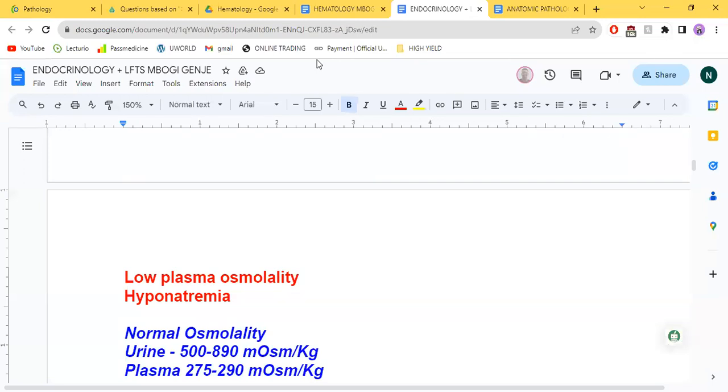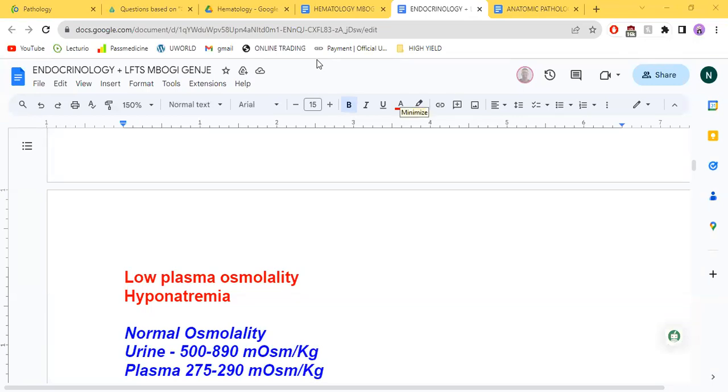For causes, who can give me some causes of SIADH that you know of? So think of conditions where you can cause the levels of ADH to increase. So think of, where is ADH produced? In the pituitary, isn't it? So let's see the answers. Trauma, yes.